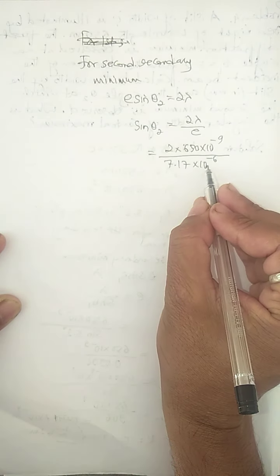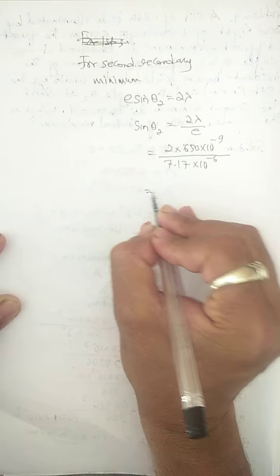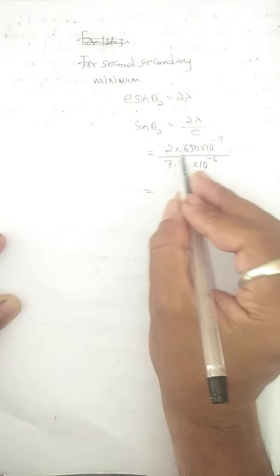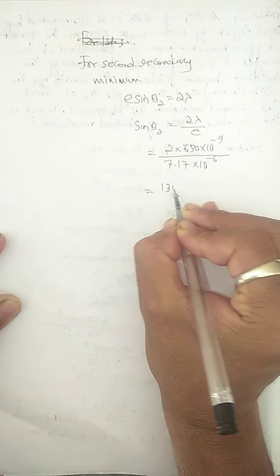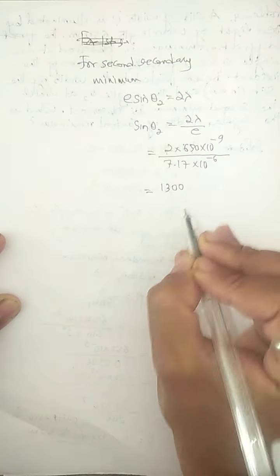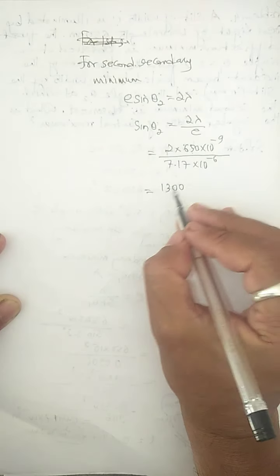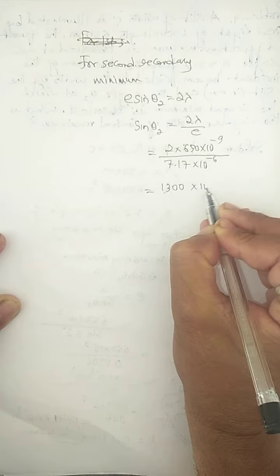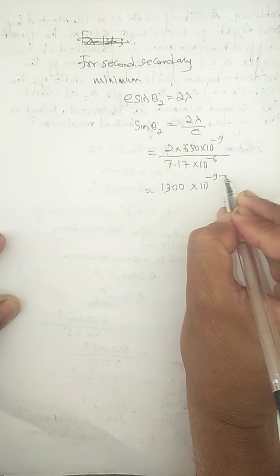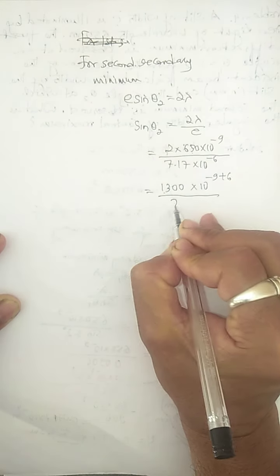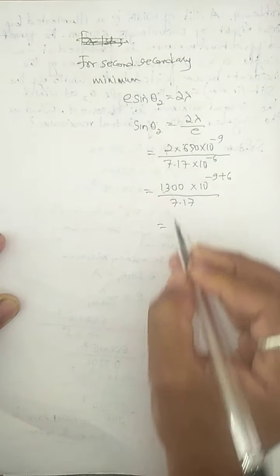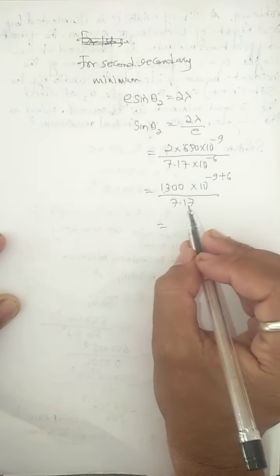In this case, if I take this power in the numerator, how much will it be? 2 into 650 means 1300 into 10 to the power minus 9 minus 6, if I take it in the numerator, plus 6, by 7.17. Now 1300 can be written as 13 into 10 to the 2.